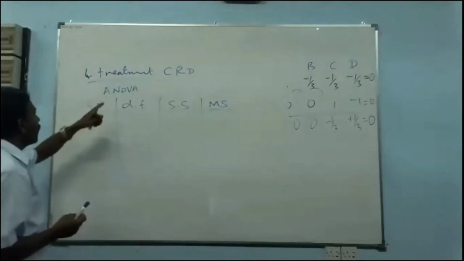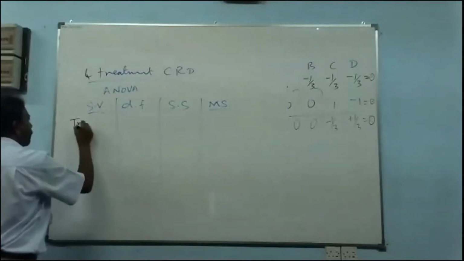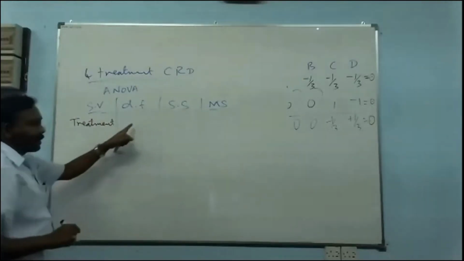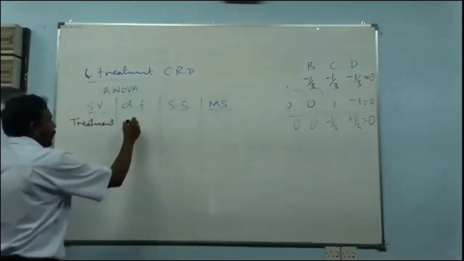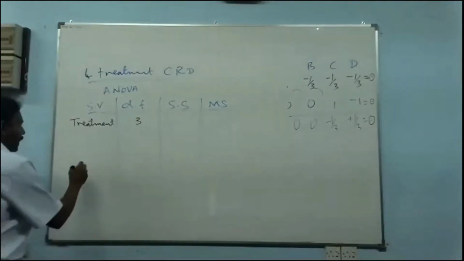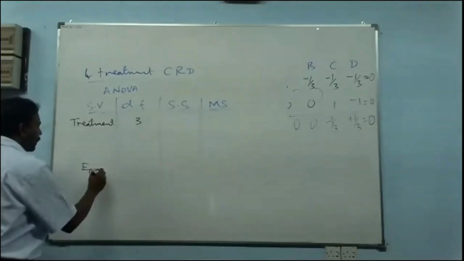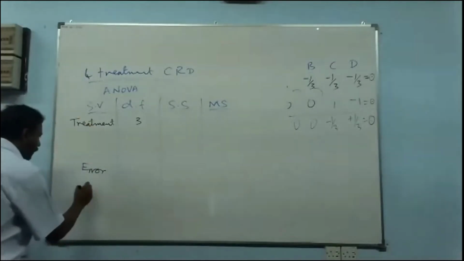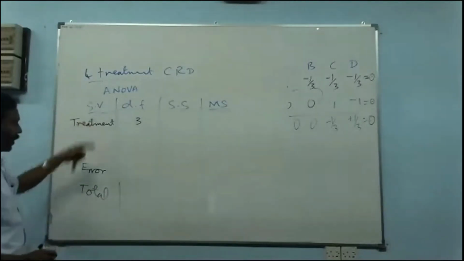So if I have CRD, this is treatment. How many degrees of freedom? If I have 4 treatments, T minus 1, that is 3. So here I have error degrees of freedom, error sums of square, as a source of variance error and the total source of variance.